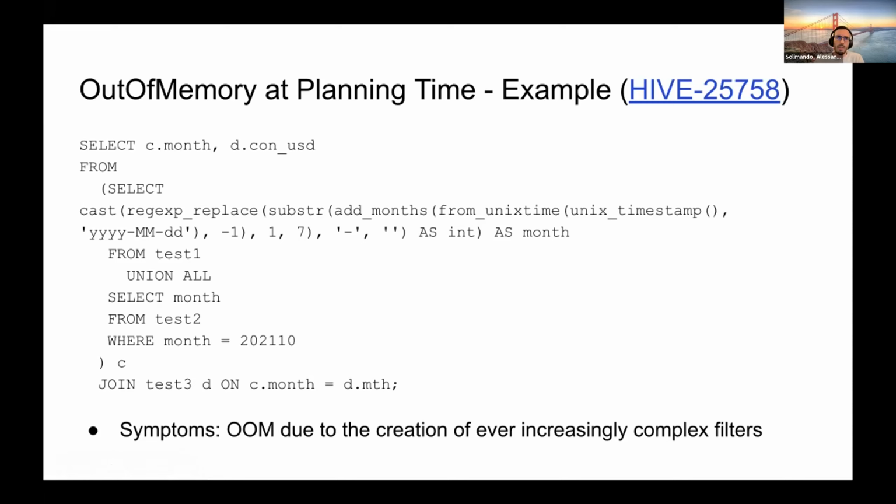The symptom of the issue we had was an out of memory, as mentioned. And what we could notice in the logs immediately was that there was a filter that was becoming increasingly big, more and more complex and bigger and bigger in size until memory was exhausted.